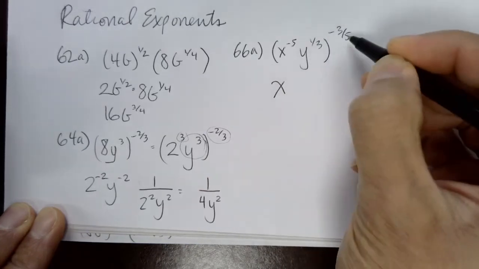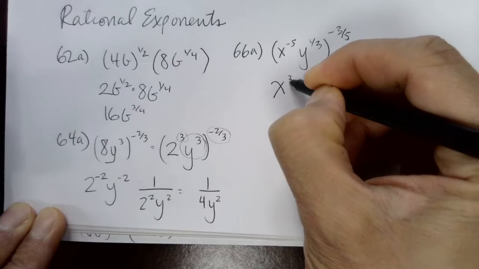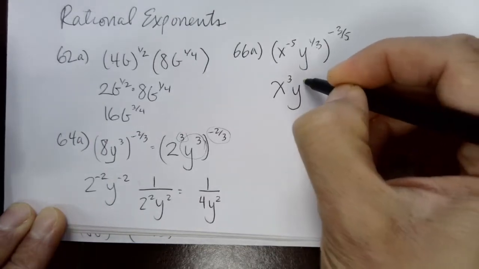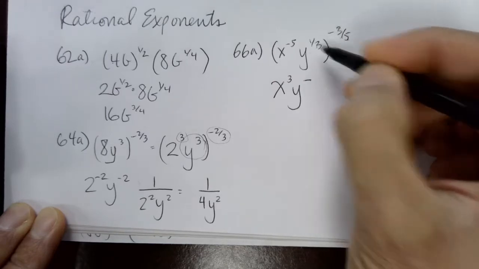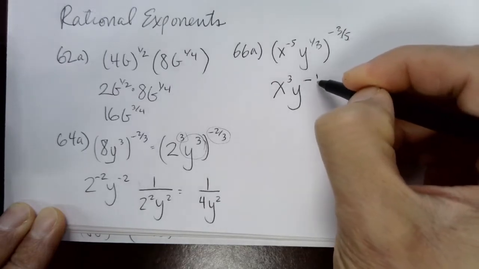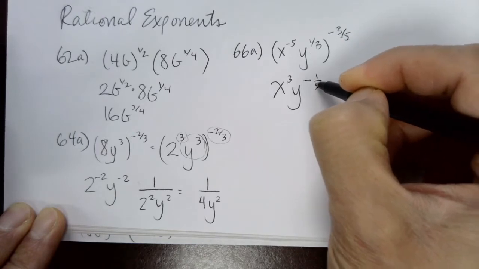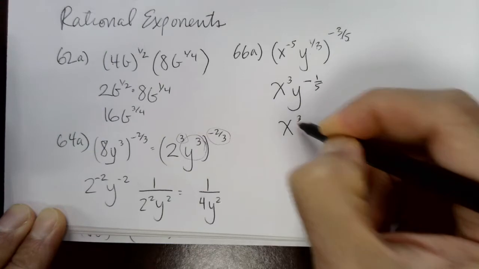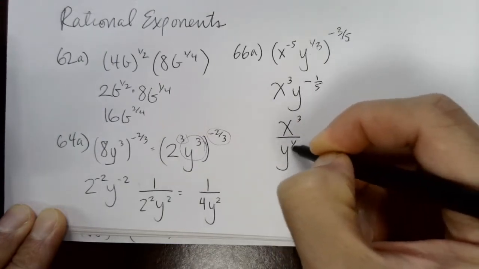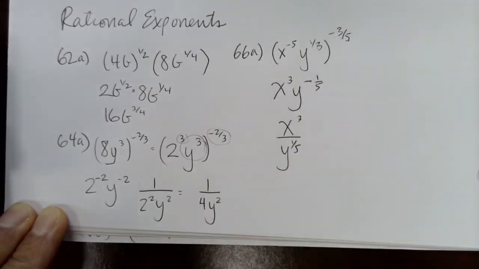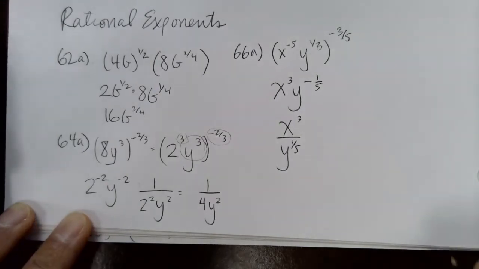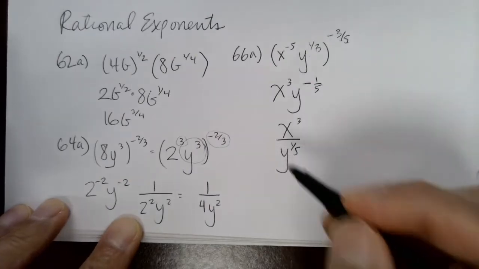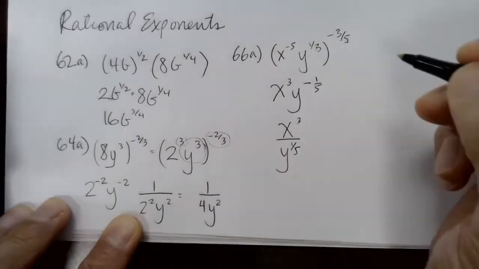My 5/5 will be 1, so this is x cubed. Y, positive negative will be negative. 3/3 will be 1, so this is going to be negative 1/5. And that means x cubed over y to the 1/5. And I believe in this set of problems we're going to leave it like that, rather than write this as the 5th root in radical form.